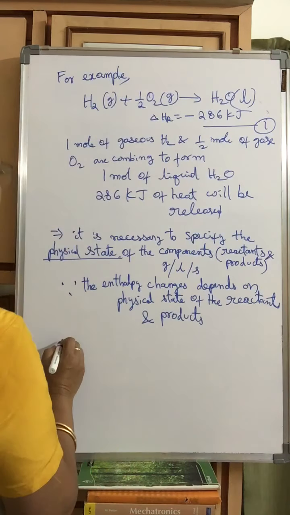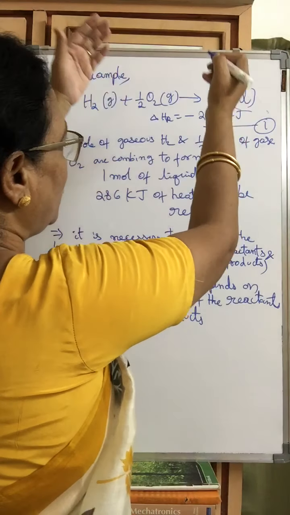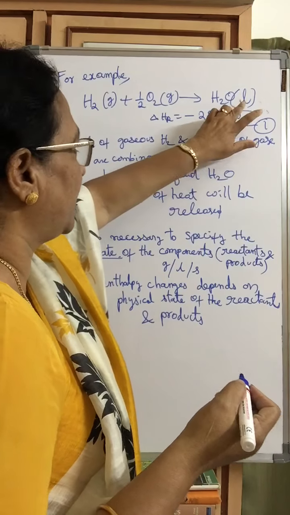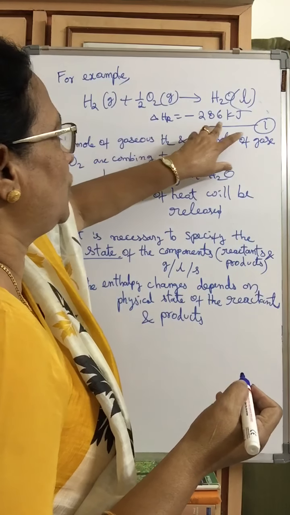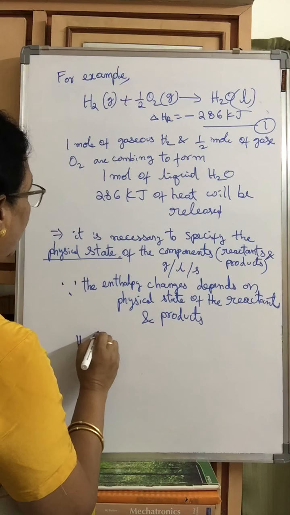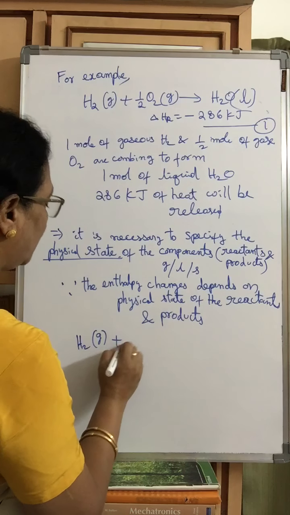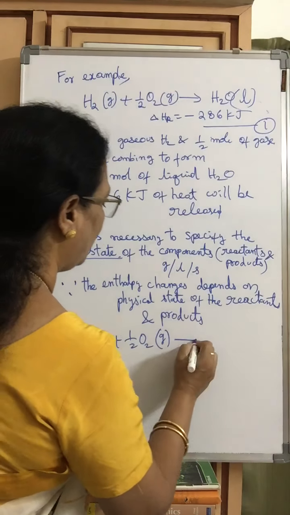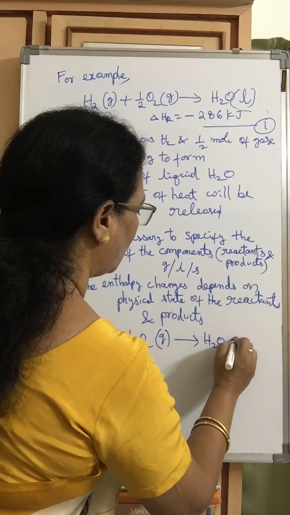For example, suppose the same reaction, but the product that is forming is gaseous. Then what will be the value of delta HR? That is H2 plus half O2 gaseous gives H2O gaseous.